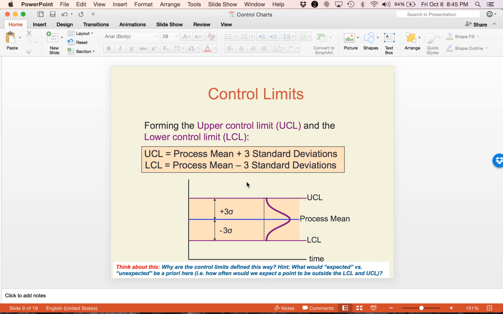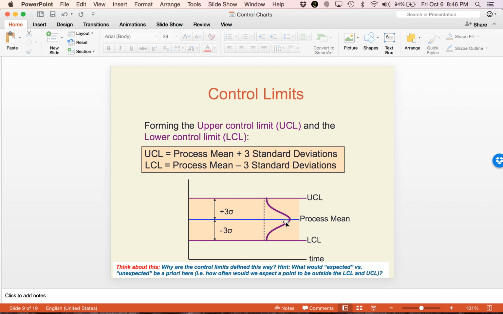So going back to the control limits, one of the first things you want to look at with a control chart is the control limits, and the control limits will always be defined as points or values that would be considered unexpected, unusual, or kind of outliers. If we expect that the process is normally varying, we might see something like a bell shape here.